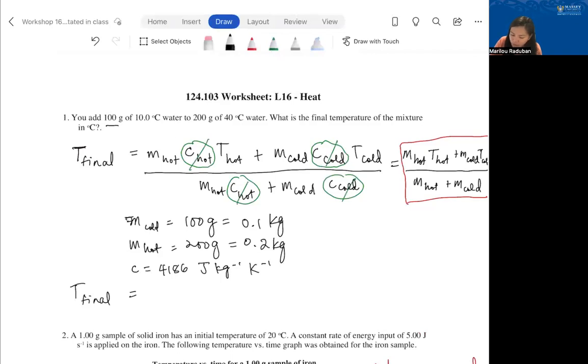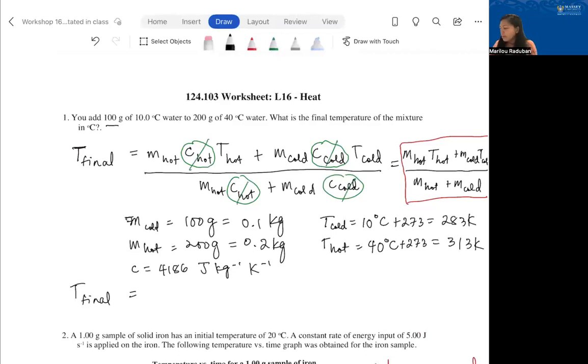So you have temperature of the cold, 10 degrees Celsius, add 273 to get the Kelvin temperature, and temperature of the hot, 40 degrees Celsius plus 273 gives you 313 Kelvin. Right, so essentially, you know everything. We can plug everything into the equation now.